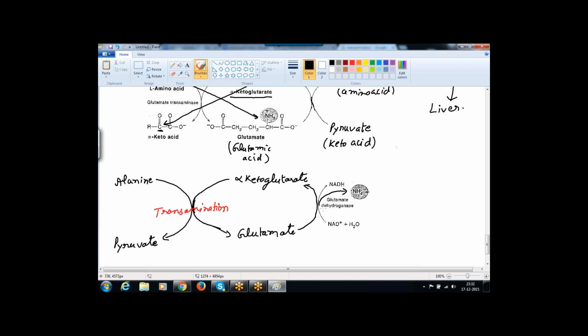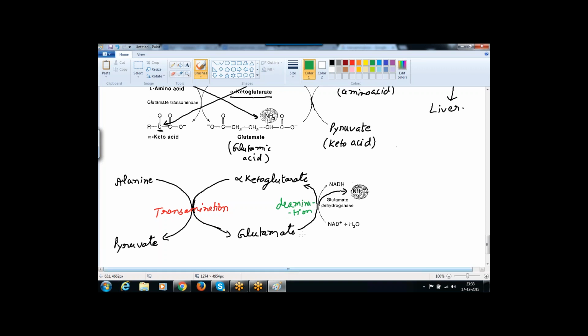This is not gaining the keto group from something. It is just leaving the amino group and becoming alpha ketoglutarate. This step is not transamination. It is deamination. The amino group is just getting removed.